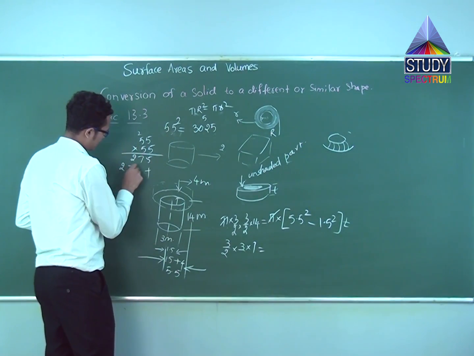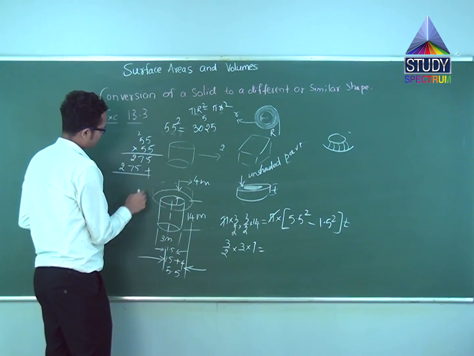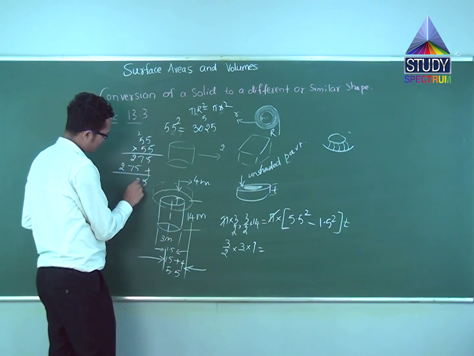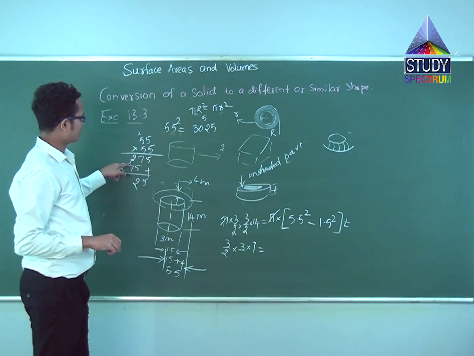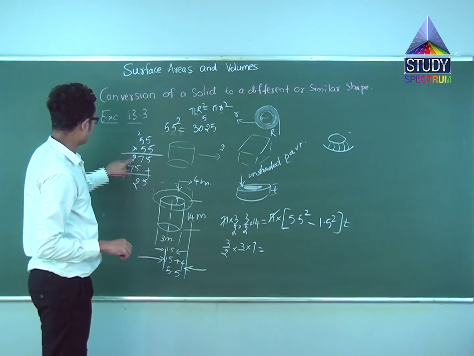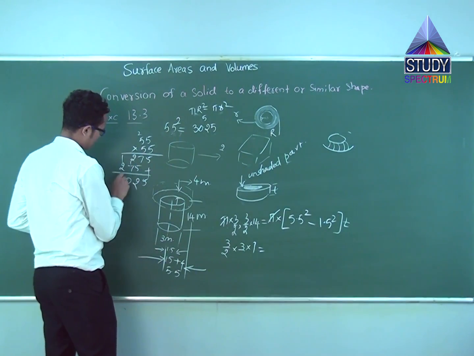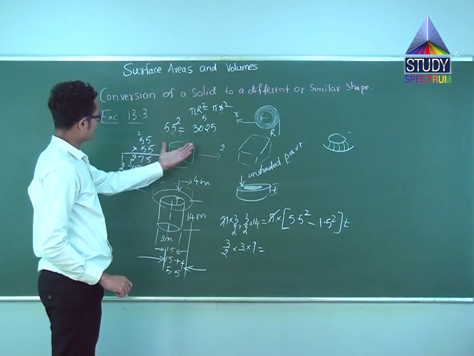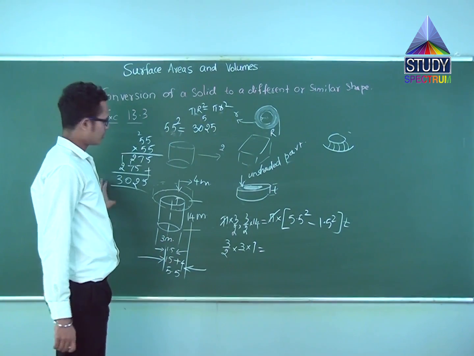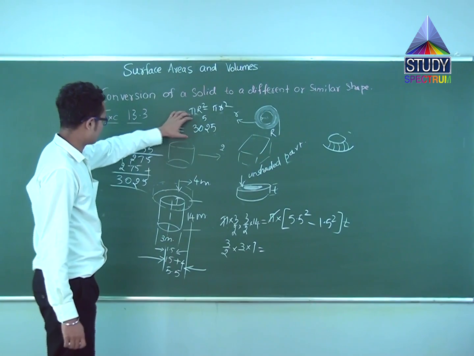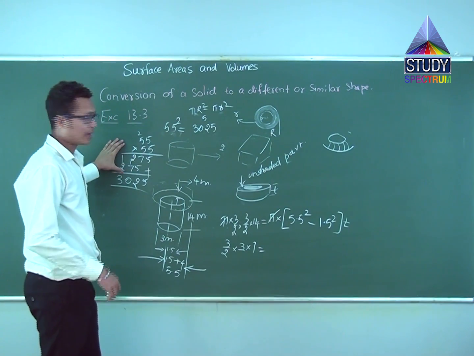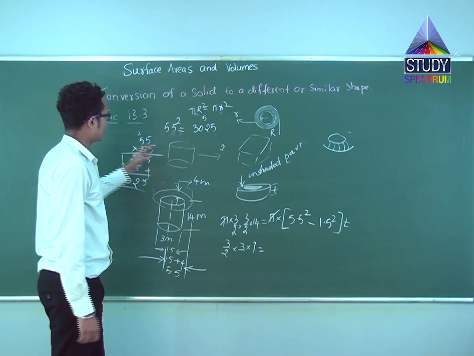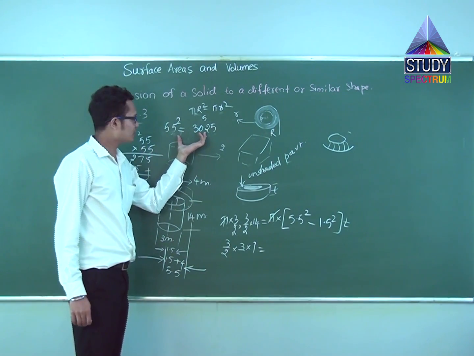This is again 275. Use whichever method you feel is easy. But as we take more classes, I'll keep telling you this method so that you get used to it.